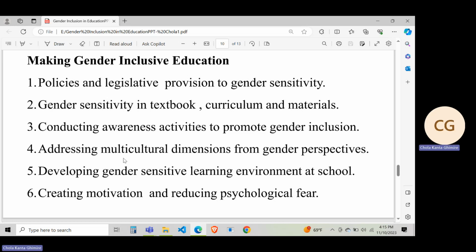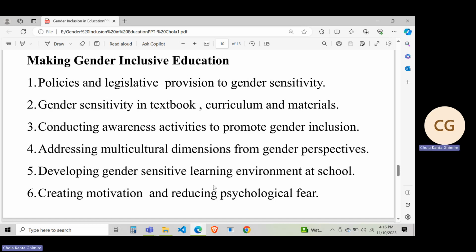Therefore, the multicultural dimension refers to addressing multiculturalism in the content, addressing the knowledge in the classroom or learning, addressing the issue of prejudice, empowering girls and boys equally, and empowering society through addressing gender issues. We can be careful about the multicultural dimension from a gender perspective.